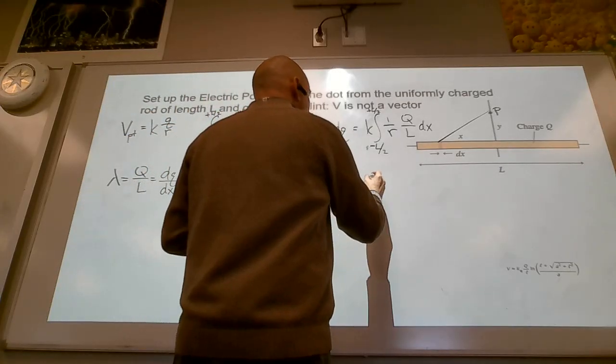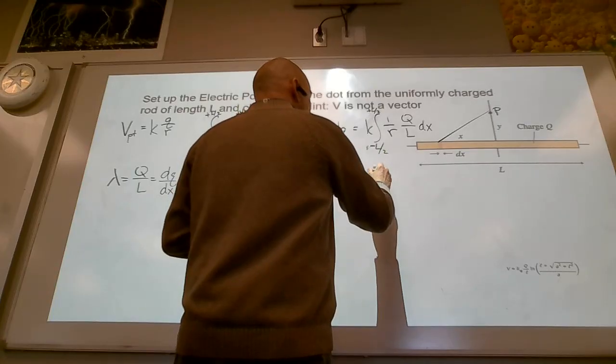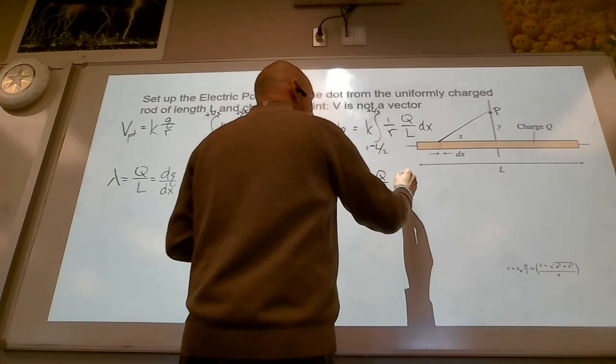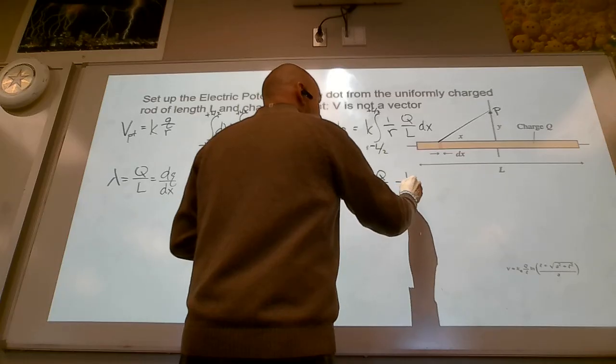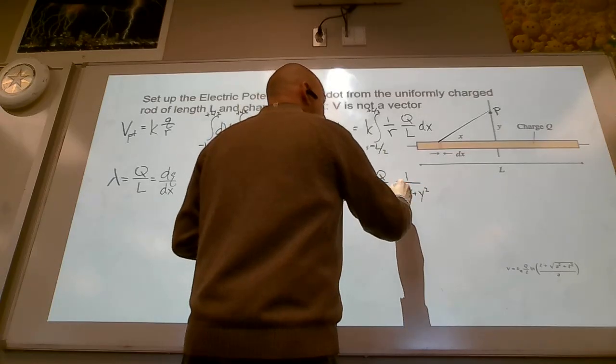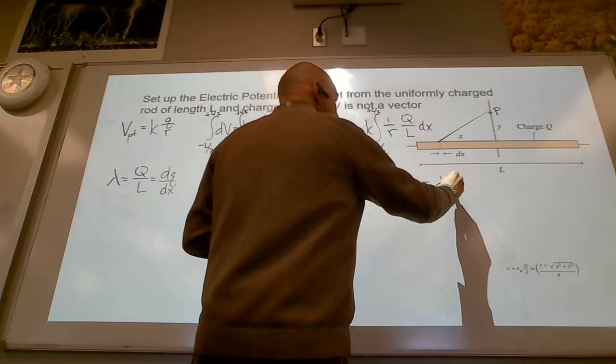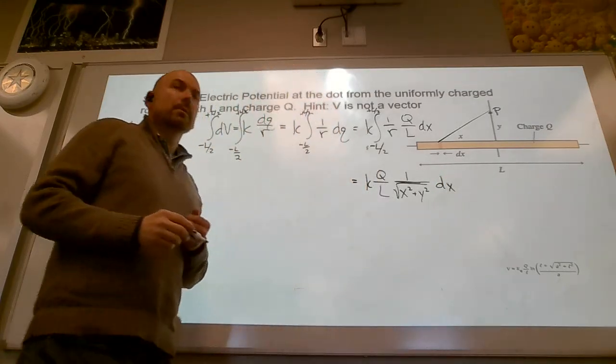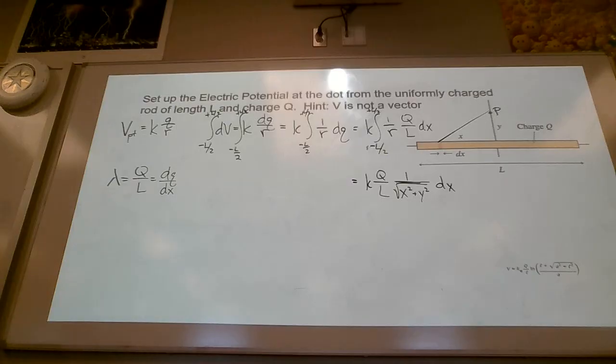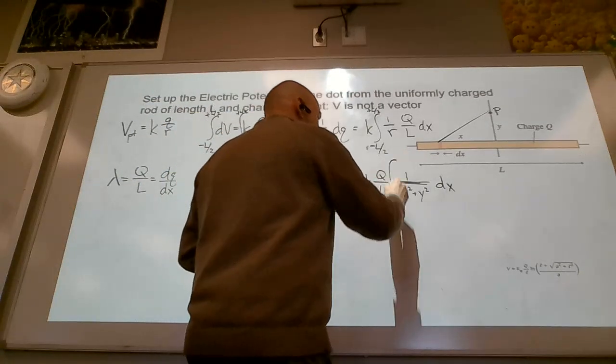So I've got K, Q over L, 1 over the square root of x squared plus y squared, dx. Good with that? And that's what I'm integrating.